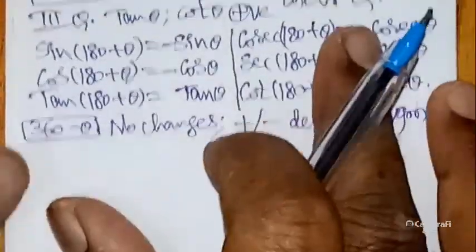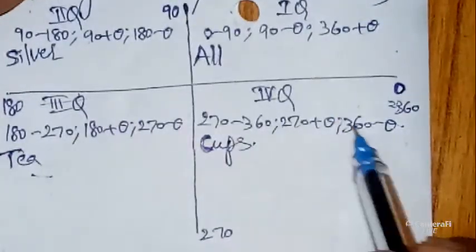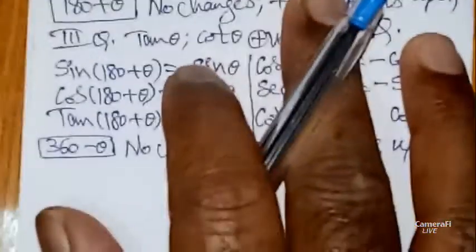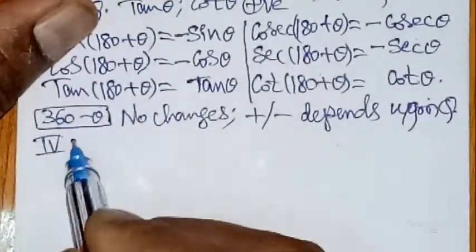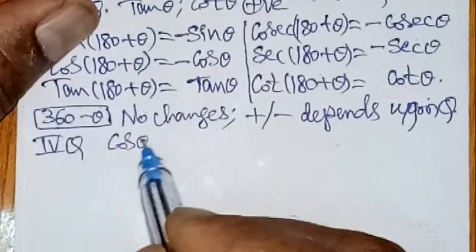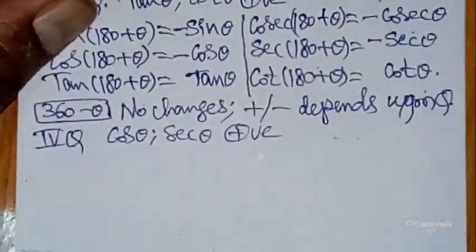So 360 minus theta, one second, we will go and verify. It is in the fourth quadrant, so I wanted to write here fourth quadrant. In the fourth quadrant, cos theta and secant theta are positive.